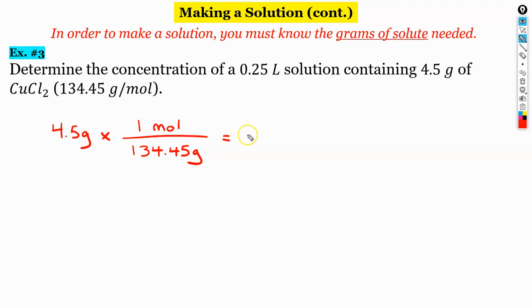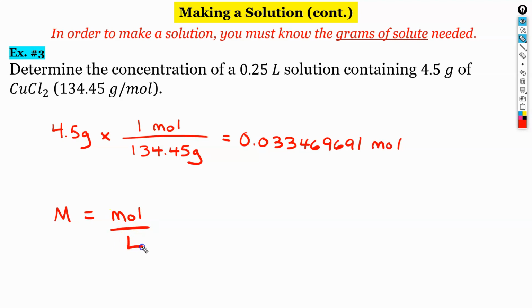So we get an answer of 0.033469691 moles. And we need to use that whole number in our molarity equation. We don't want to round our middle steps. So molarity equals moles over liters.